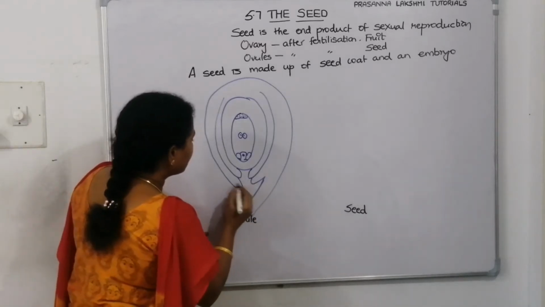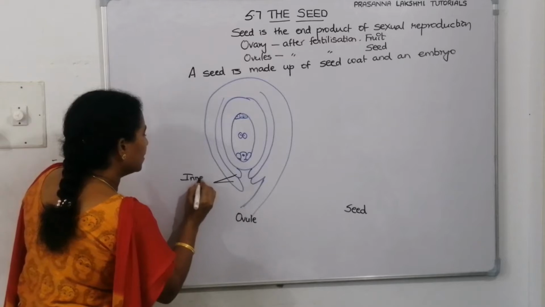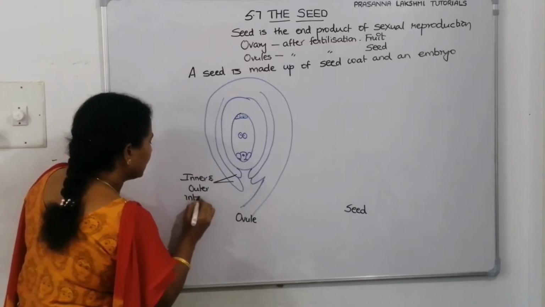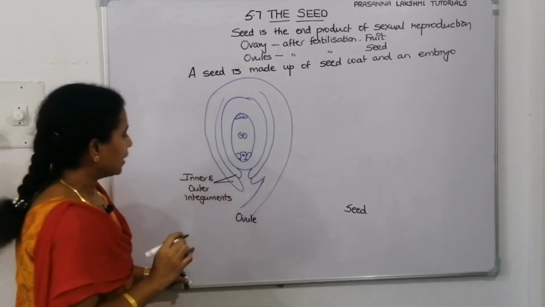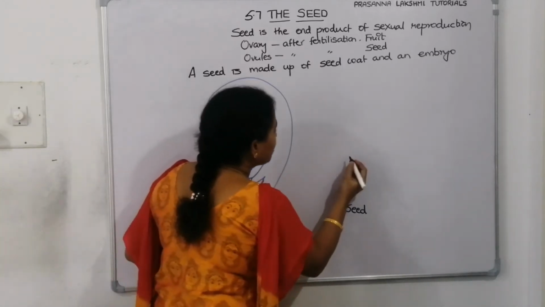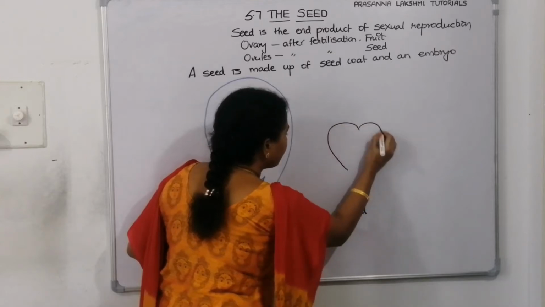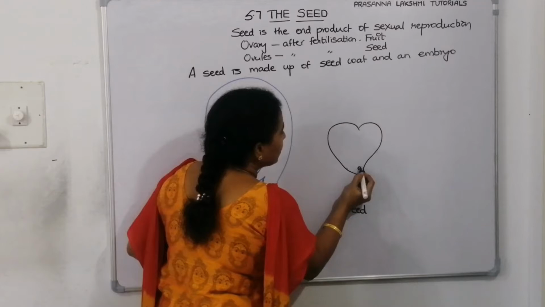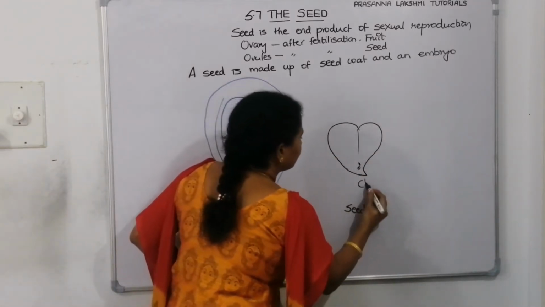Then these are the ovule integuments, inner and outer integuments. Now when it becomes a seed, it develops into seed coat. If we have to see a seed, this is a chick seed, a chickpea.